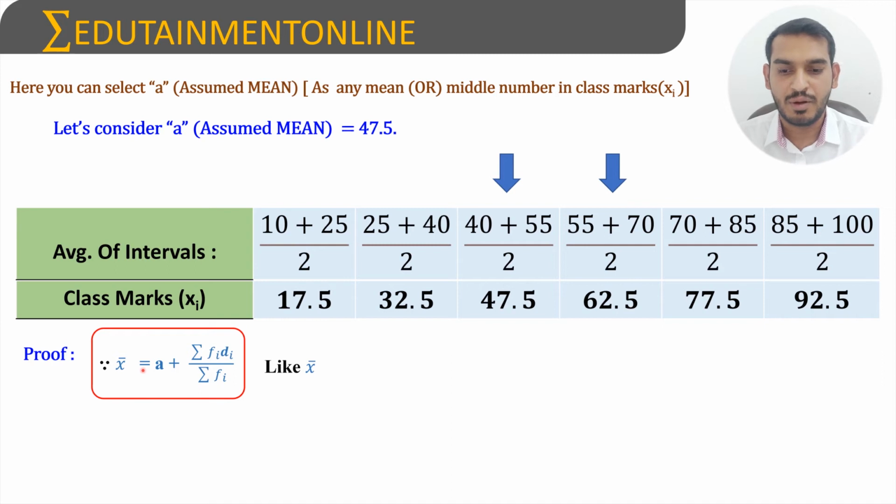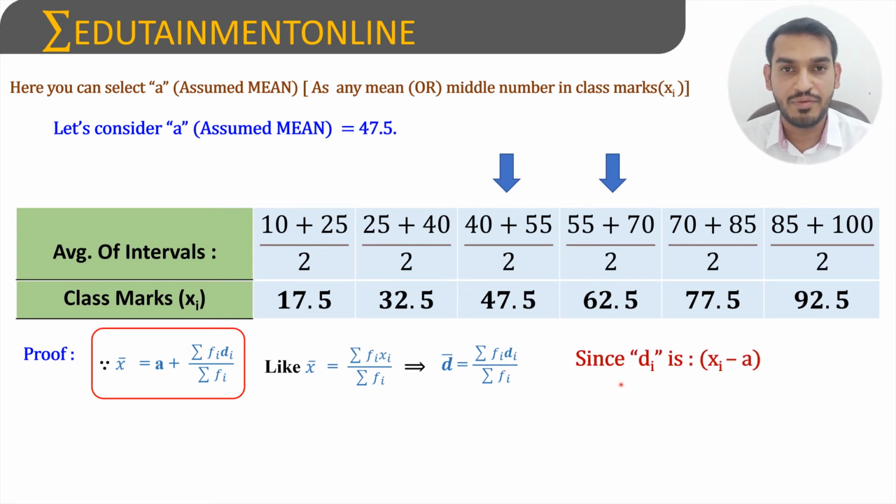Now the formula for assumed mean is a plus sigma of fi di by sigma of fi. This is the same as sigma of fi xi by sigma of fi. So d bar, the mean deviation, will be sigma of fi di by sigma of fi.